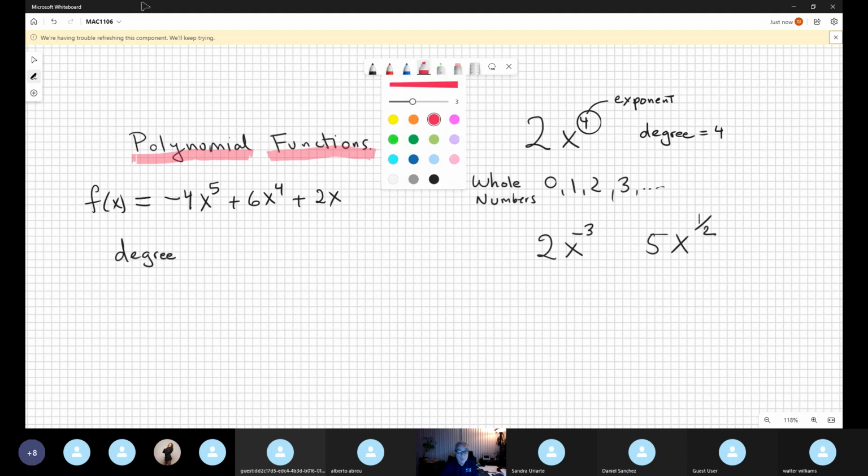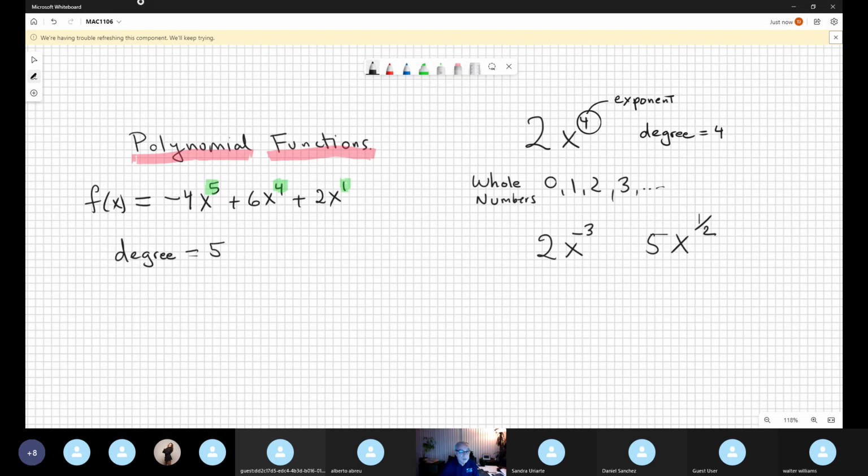We have, for example, let me use that color, 5, 4, and here is 1, que es invisible. Well, entonces the degree is the higher value, the greater degree of each monomial. Entonces es degree 5. You take the bigger exponent, so degree of 5. Okay?